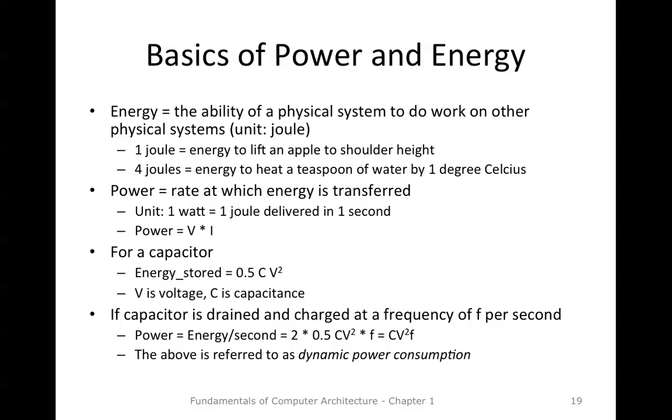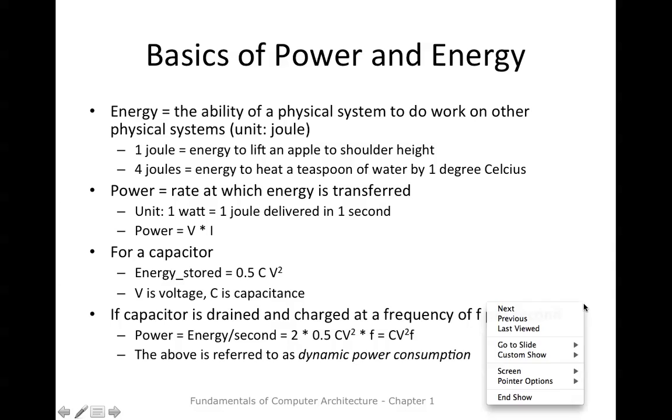The power is the total energy that is drained and charged in 1 second. And because there is draining and charging, that will be 2 events. This will be multiplied with half times CV squared times the frequency of that switching, which is F. So we end up with CV squared F. The above is referred to as the dynamic power consumption.